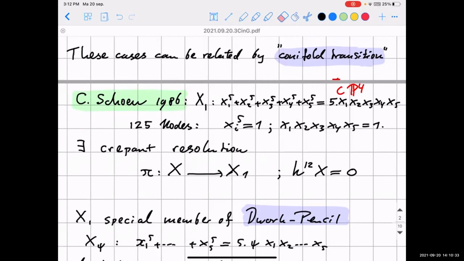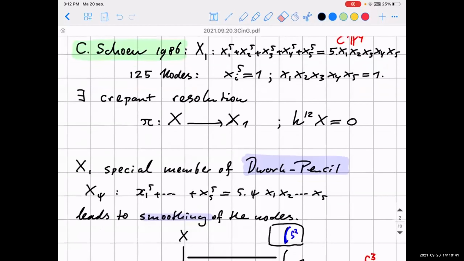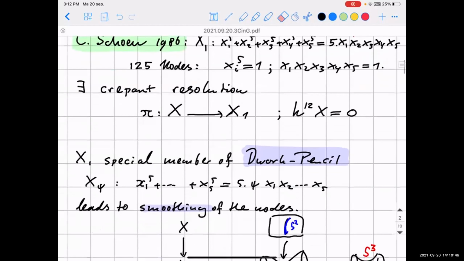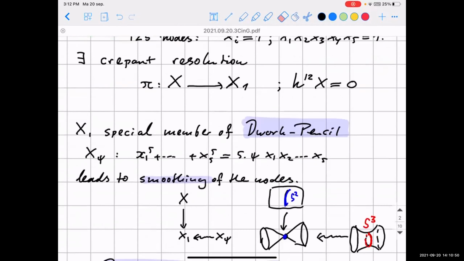But of course, there are deformations which smooth out the nodes, and this is part of a famous pencil, the Dwork pencil, where you introduce a variable, you replace the 5 by 5 psi, where psi is any parameter.